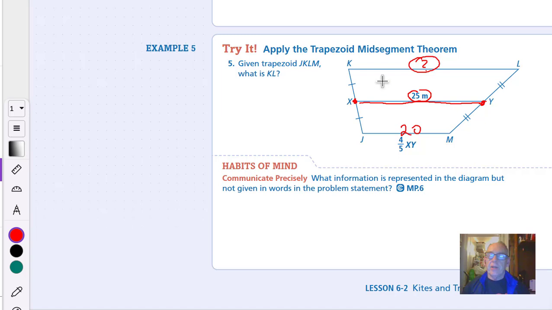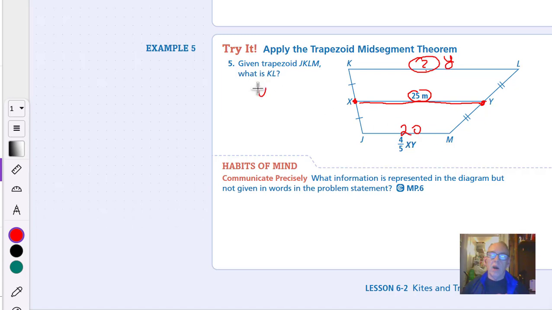Well, in a trapezoid, not only isosceles, but in a trapezoid, this mid-segment length, which goes between the two midpoints of the sides, is going to be the average of these. So let's say I let KL be y.